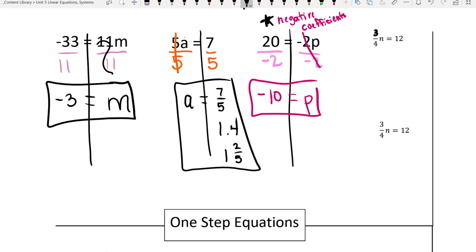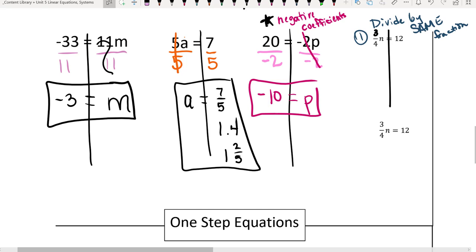This is a 3/4. I got cut off in the copying. So option 1, this is your first option, is you could divide by the same fraction. That's option 1.